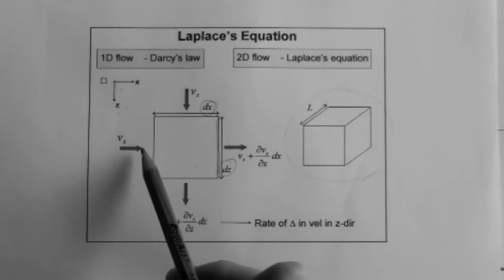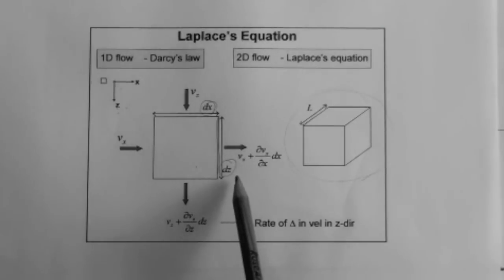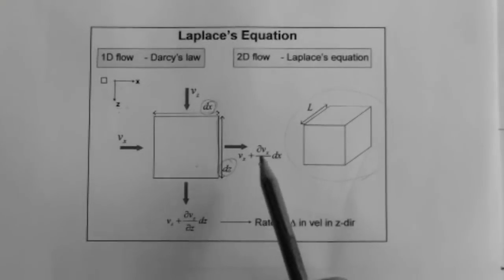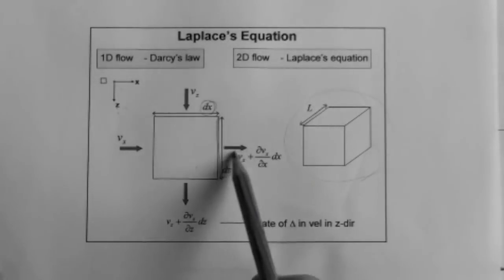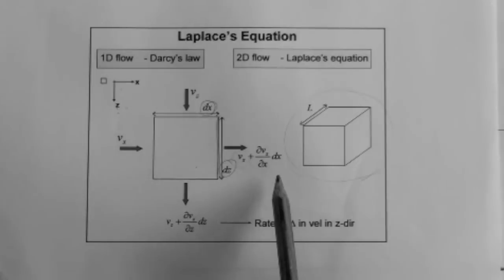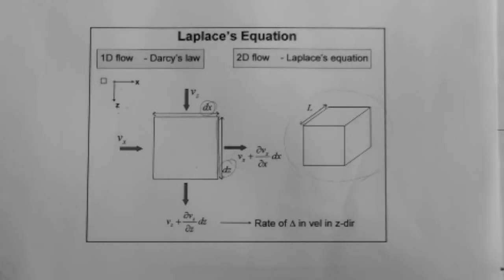The velocity of the fluid coming out of the point may be different. So we write it out as the initial velocity, that is the velocity coming in, plus any change in velocity. This change in velocity is written as a rate of change in velocity.